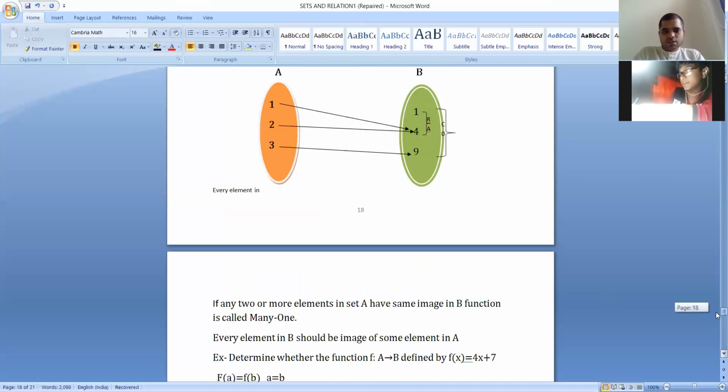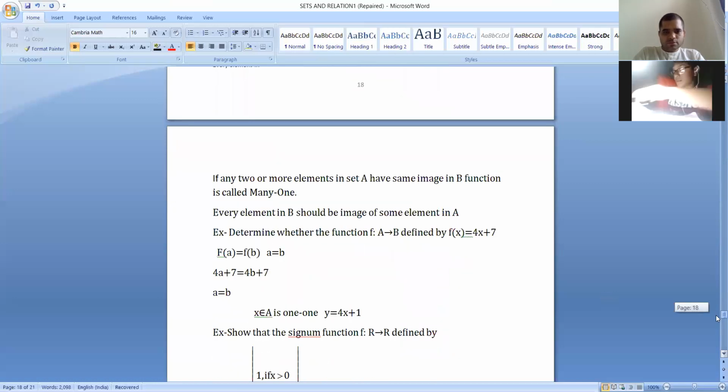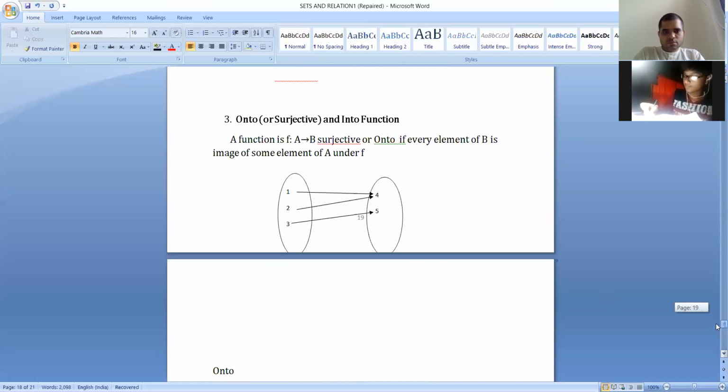Now we come to onto, which I have explained. If this is an onto function, is this function many-one?